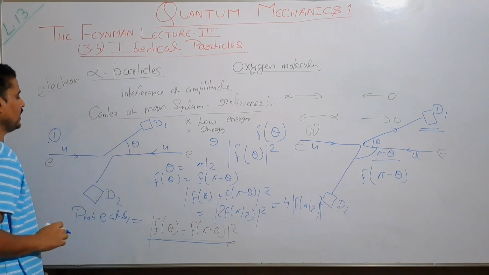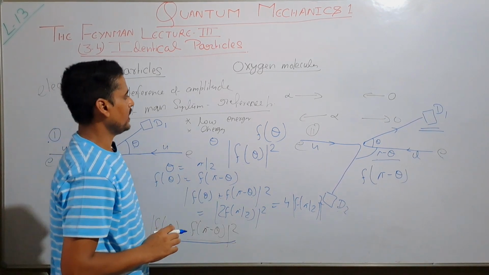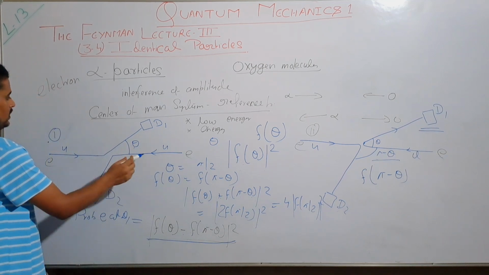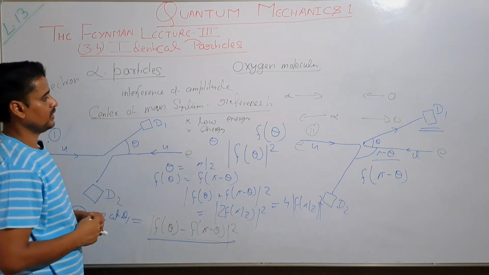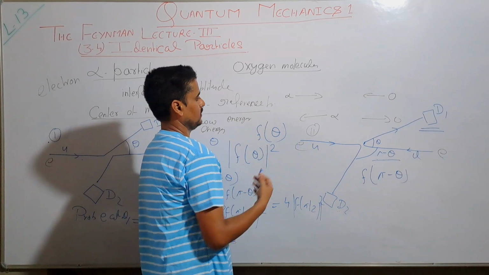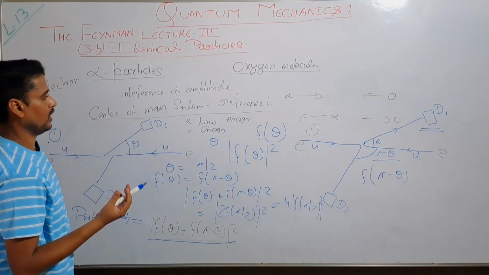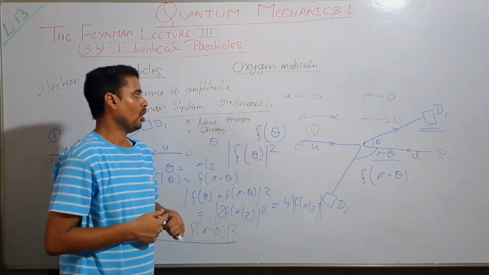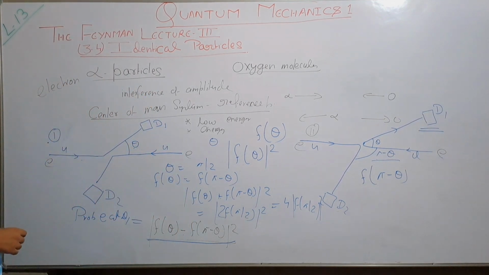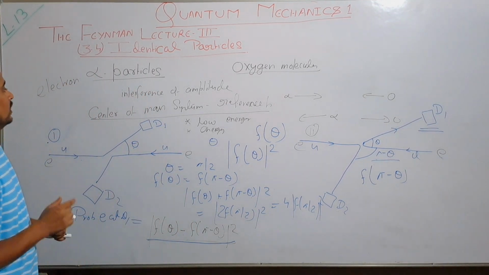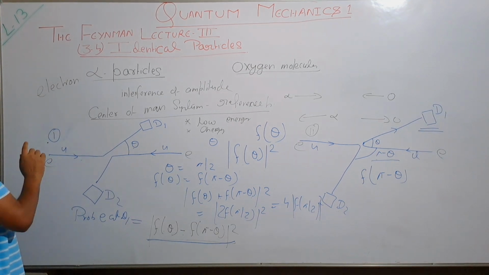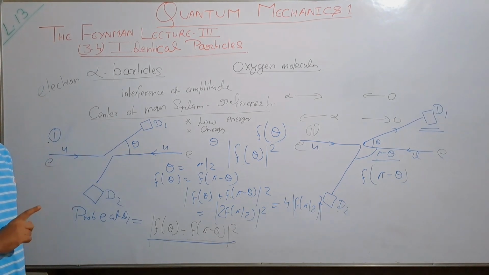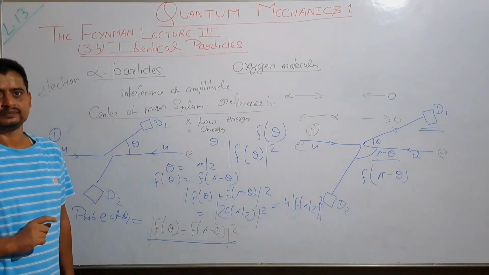In one case both particles have up spin, in another case both have down spin, in one case up and down, again down and up. So we can make a table of probabilities of the different kinds of events of getting an electron at detector D1.